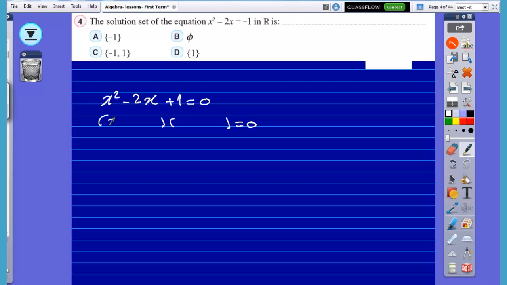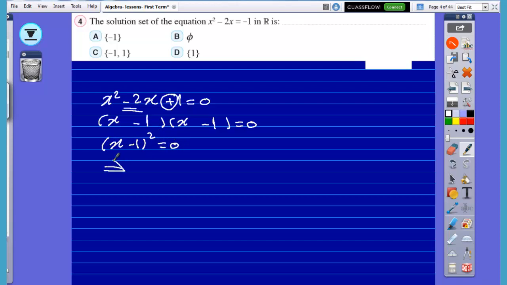Now x squared is x multiply x. 1 is negative 1 multiply negative 1. Notice that the last sign here is positive, so the two signs of 1 must be the same, negative and negative, because negative by negative equals positive, or positive by positive equals positive. But the two signs must be as the sign of the middle term. So we have (x minus 1) all square equals 0.